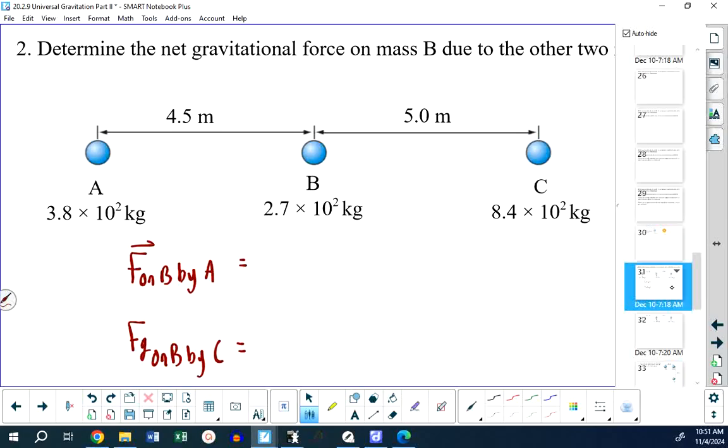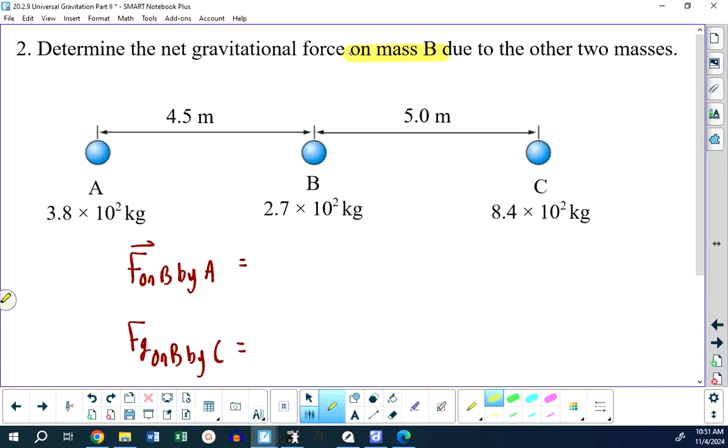Okay. So getting back to this then, what is the direction of the force on B by A? We're asked for the net force, this is really important, on B. So we're considering the forces on B. Well, B is forced this way because it is attracted to A due to a force of gravity between the two.